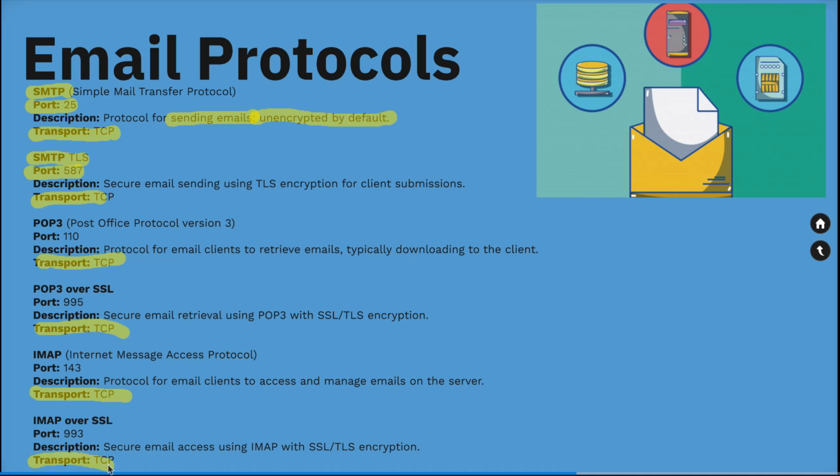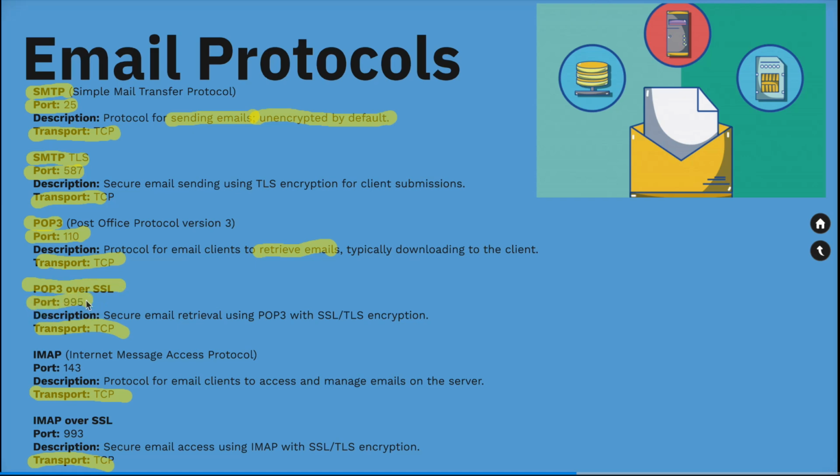A couple other protocols to make note of here. We have POP3, which is short for Post Office Protocol. By default, it utilizes port 110, and it is used for retrieving incoming mail. Then we have POP3 over SSL, which is a secure connection. The default port number for that one is 995.